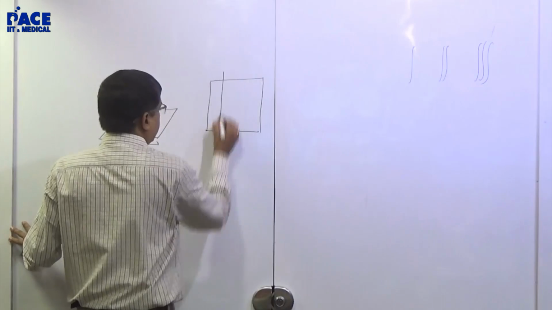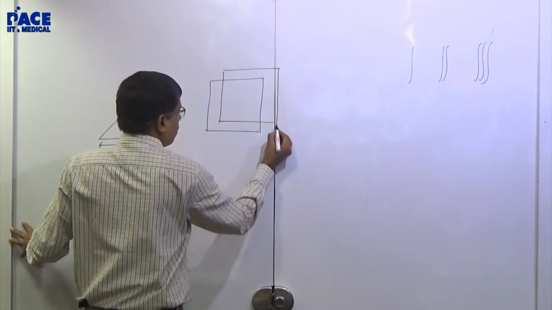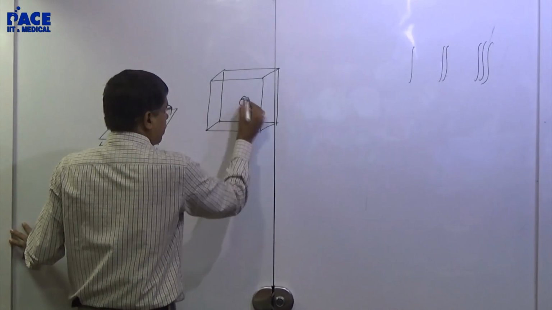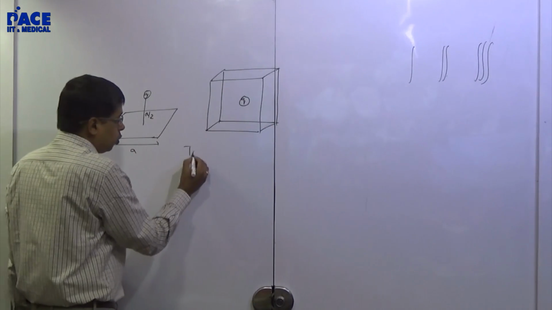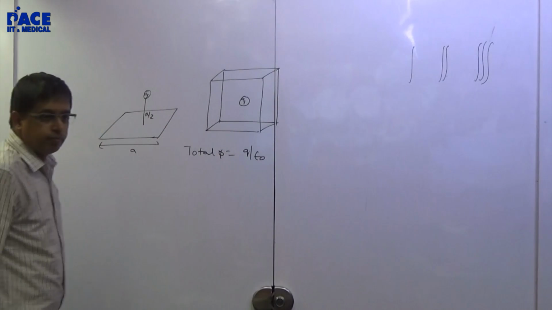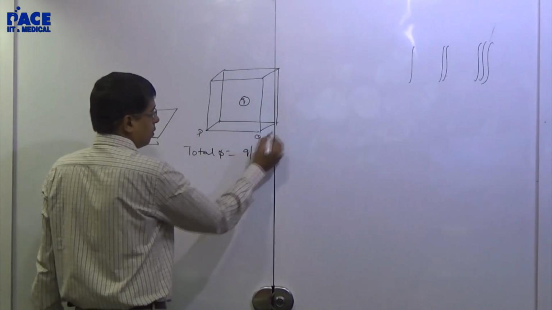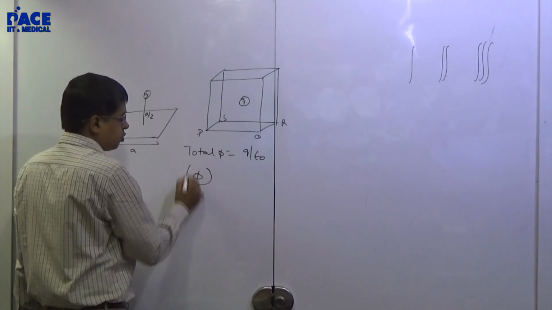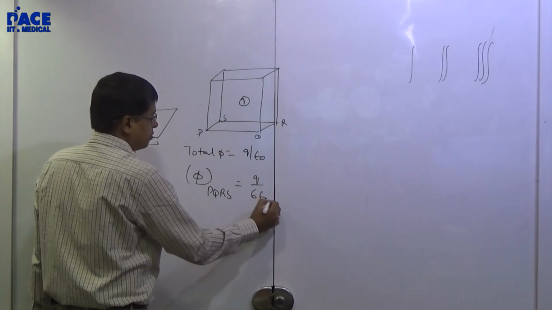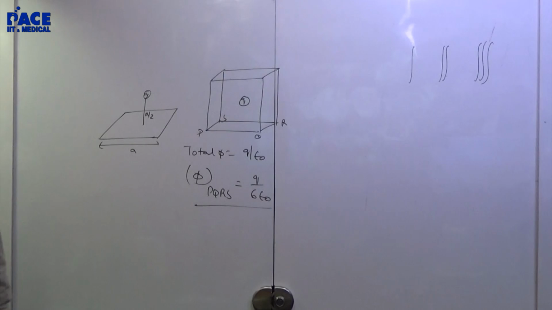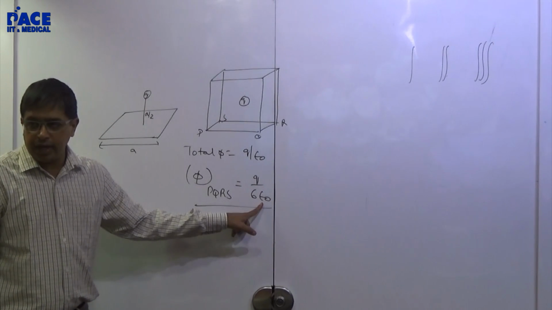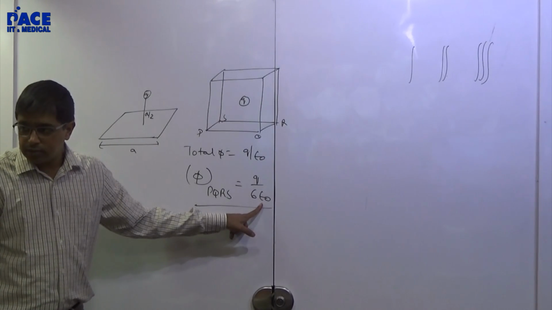Consider a cube here. Charge Q at the center. Total flux will be Q by epsilon naught. Flux through PQRS will be Q by 6 epsilon naught.